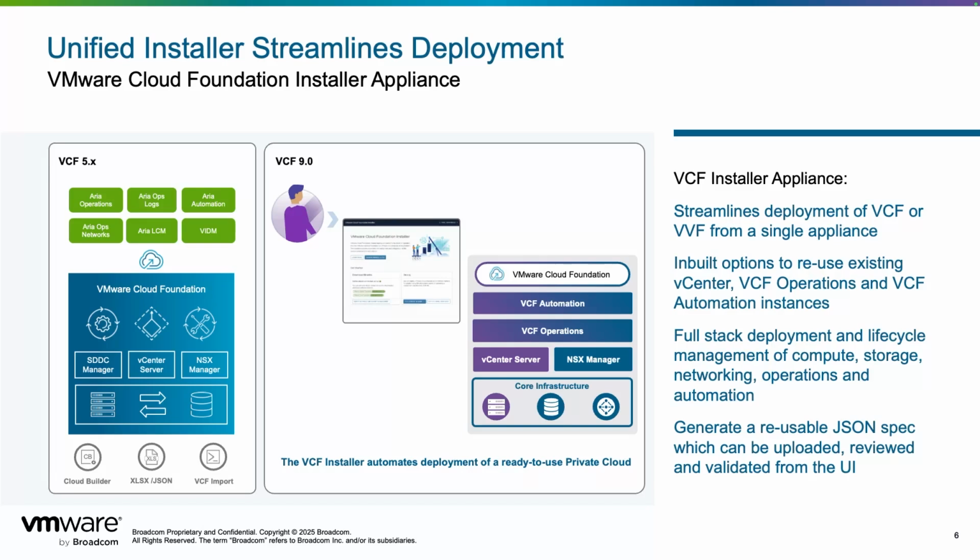Prior releases of Cloud Foundation have required ARIA operations and ARIA automation to be installed and lifecycle managed as separate day 2 operations. From VCF 9, the VCF installer appliance is used to deploy the full VCF stack, comprising of compute, storage, networking, operations, and self-service automation, and VCF operations is used to lifecycle the full stack.